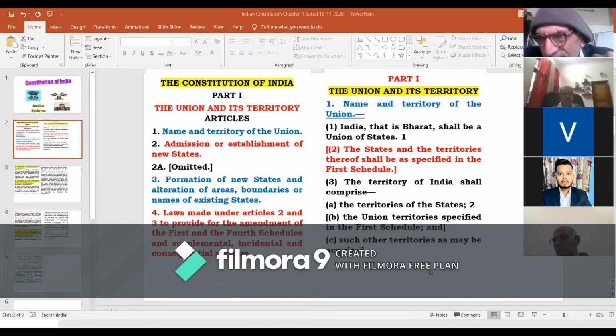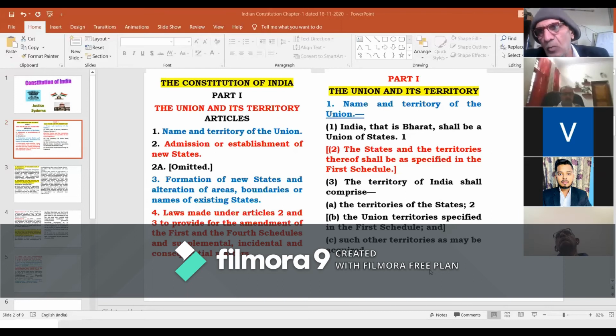And this conscious initiation is to be as India, that is Bharat, followed by India, that is Bharat, shall be a union of states.